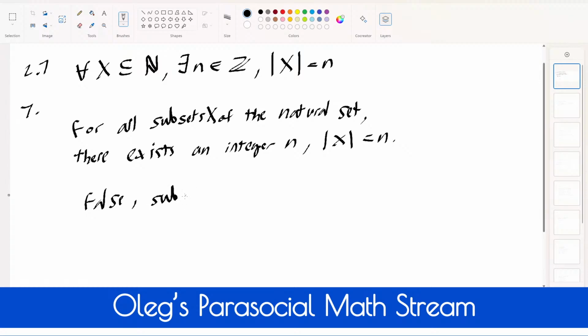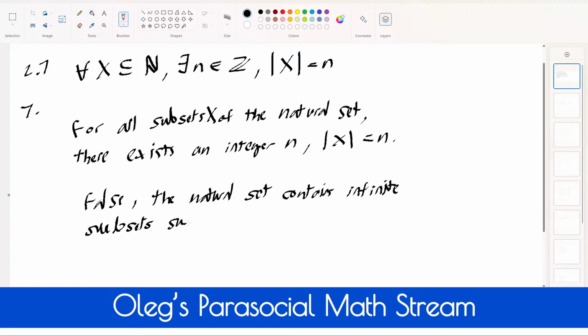False. The natural set contains infinite subsets such as the evens. Let's say even naturals.